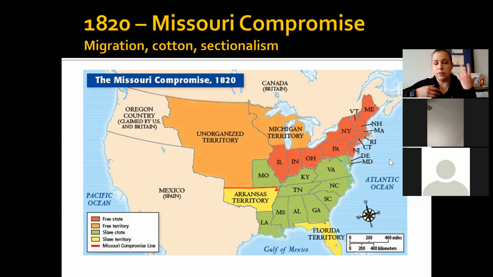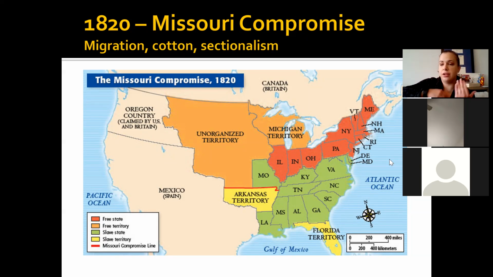On each side, we see this desire to maintain 50-50 representation, which means half of Congress and the Senate should be represented by slave states and half of it should be represented by free states in order to keep it fair. And so there is this debate over how do we do that. In the Missouri Compromise, the way that they do it is they admit Missouri as a slave state and they create Maine as a free state. So all of the state numbers stay equal.